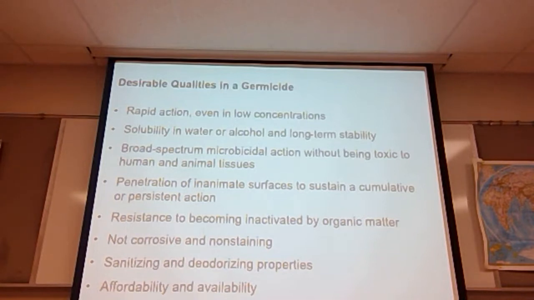It should be resistant to becoming inactivated by organic matter. Again, earlier in this chapter, we talked about how you couldn't use certain things on certain areas because it said not to use them with bodily fluids. It should be non-corrosive and non-staining. It should have both sanitizing and deodorizing properties. And it should be easily afforded and easily available.